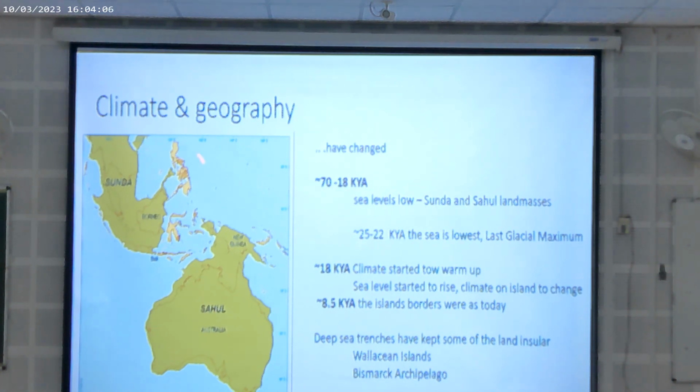But important in between them, there were these Oceania Islands and Philippines, which always stayed insular because they are separated by very deep sea trenches. And then when the climate started to warm up, about 18,000 years ago, sea levels started to rise, and the physical geography started to change. And it has been estimated that about 8.5 thousand years ago the islands, as we know them today, formed, and the land bridge between Australia and New Guinea was also submerged underwater.